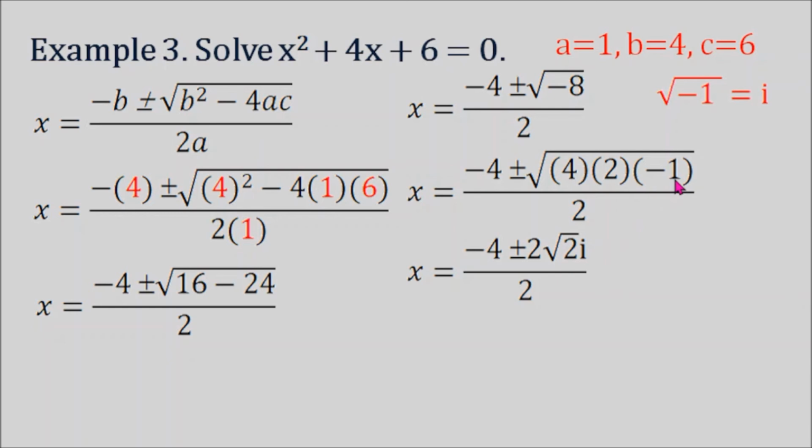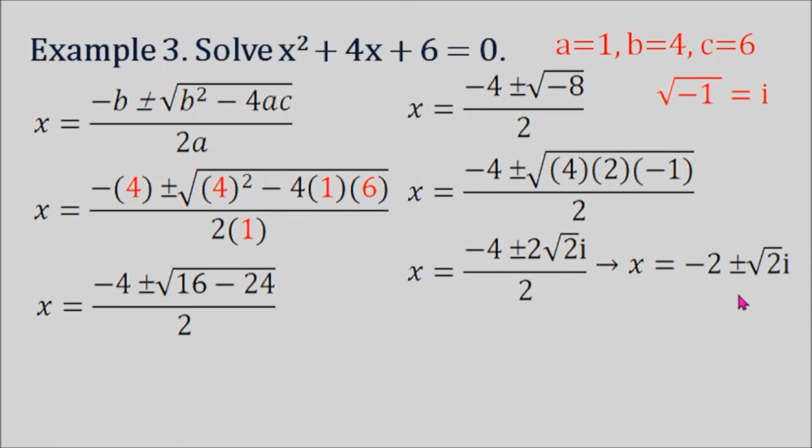Then square root of negative 1 is i. So we can reduce our fraction. Negative 4 divided by 2 is negative 2. Then plus and minus 2 square root of 2 i divided by 2, it's just square root of 2 i.